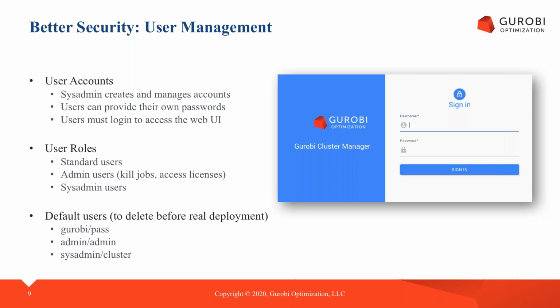When you install the system, the compute server and cluster manager, it will automatically create 3 users: Gurobi, admin, and sysadmin, one for each role. You can quickly connect to the cluster manager and use it. Of course, before a real deployment, remember to delete those predefined accounts.